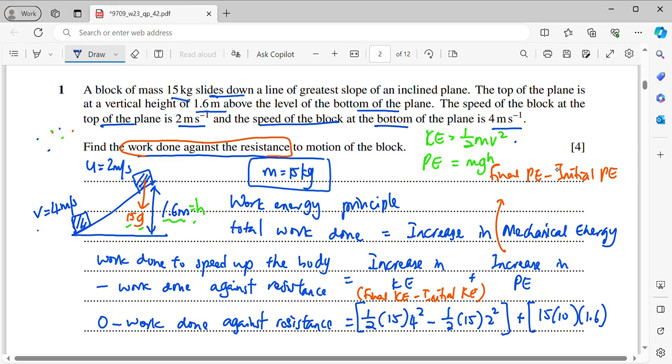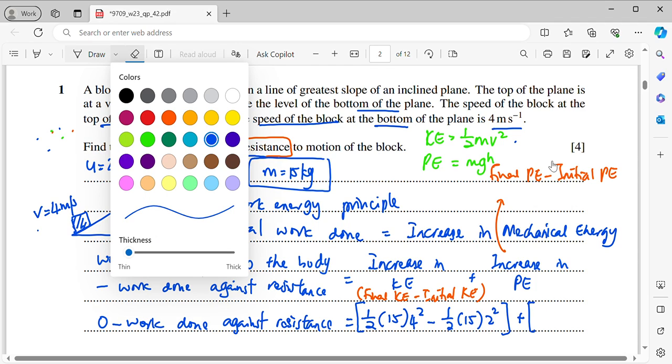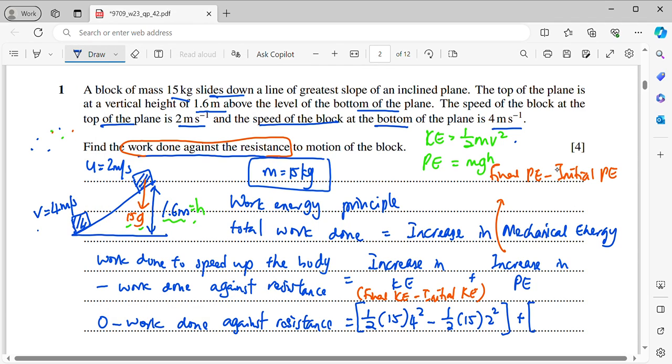Sorry, final PE is 0 because it is at the bottom. So then I will write 0, then minus mgh, 1.6. Alright, so that's the working for this.